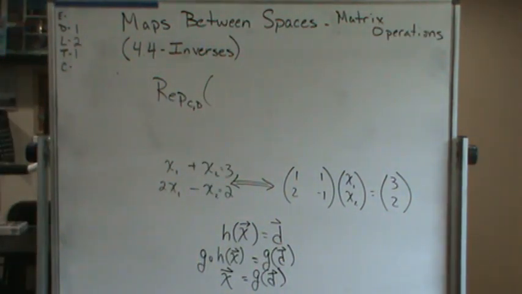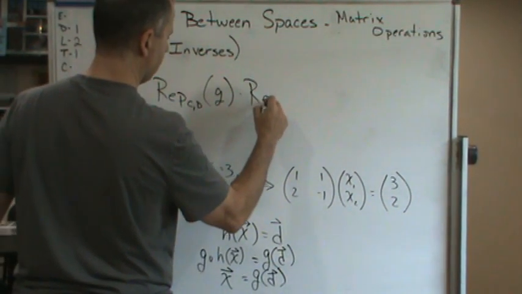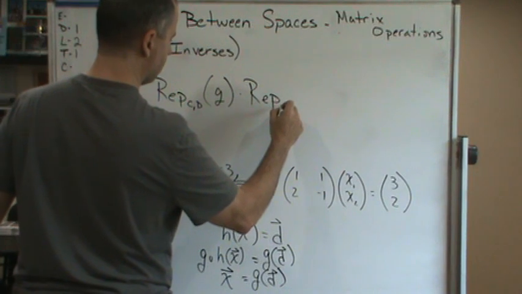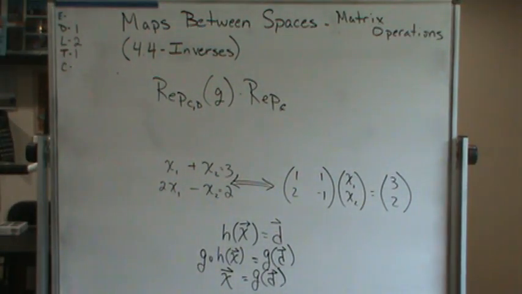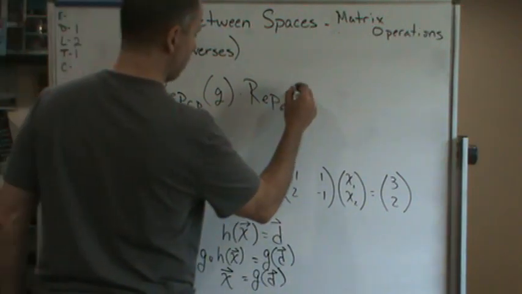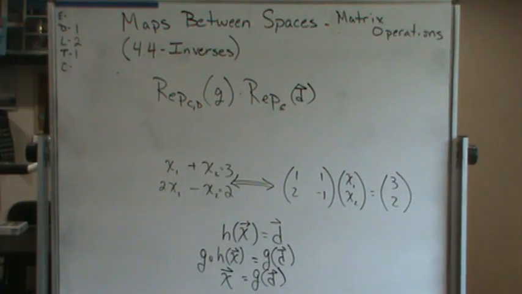X, or excuse me, G. Right? Times with respect to C. And that's going to be the D vector, right?